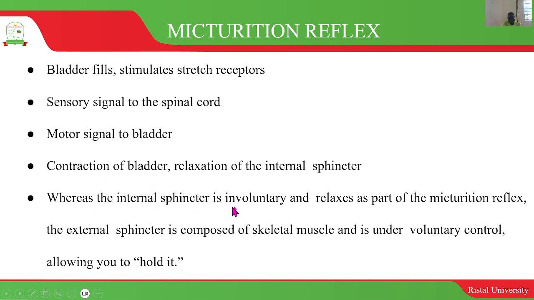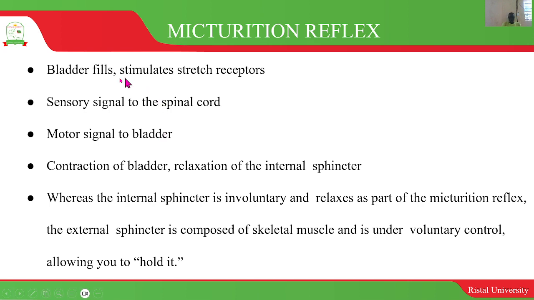Whereas the internal sphincter is involuntary and relaxes as part of the micturition reflex, the external sphincter is composed of skeletal muscle and is under voluntary control, allowing you to hold it. So what we are trying to see here is that the inner smooth muscle of the urinary bladder is under involuntary control. You cannot control it.